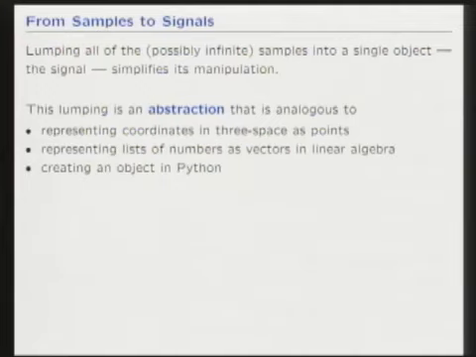There's another step we want to take. So imperative and declarative is one step. Another step is lumping things in the same sense that we lump the coordinates of a three-space point into a single thing called a point, or in the same way we make a vector in linear algebra. The idea is that we're going to want to think about whole signals at a time.